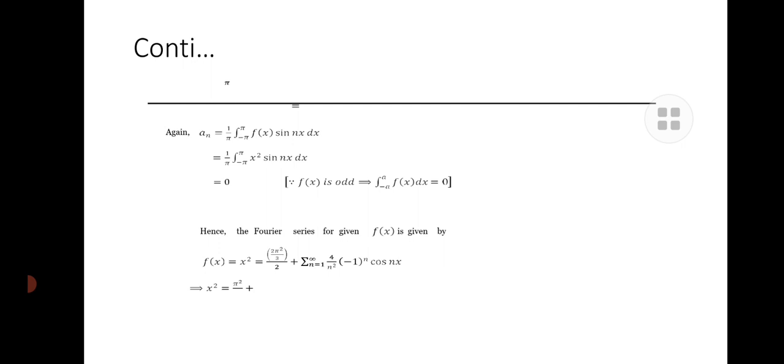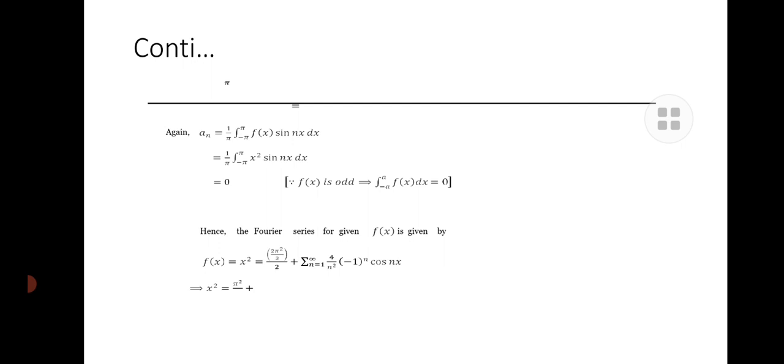So the values of a naught, a_n and b_n: a naught is equal to 2 pi square divided by 3, a_n is equal to 4 divided by n square times minus 1 to the power of n, and b_n value is 0. Using these three values, substitute in the Fourier series equation.